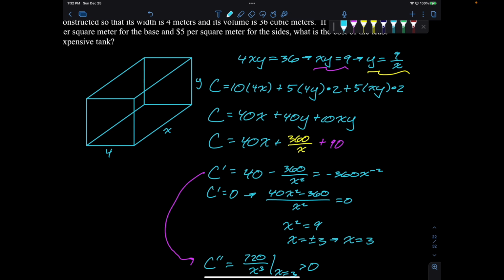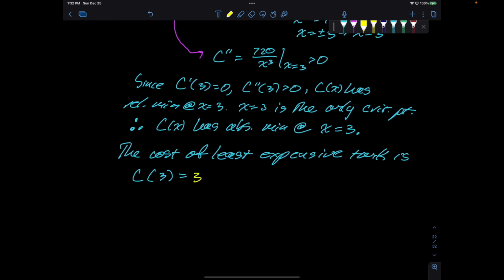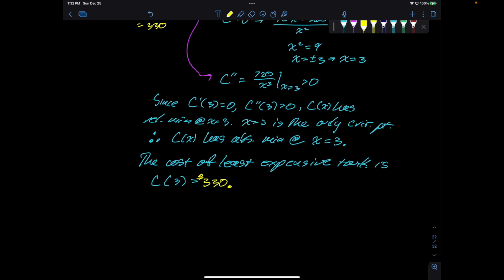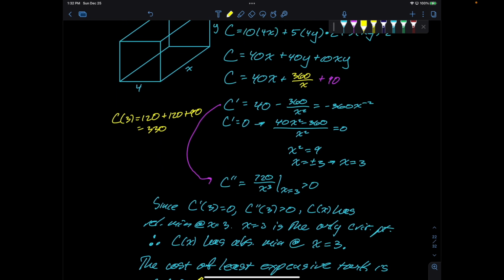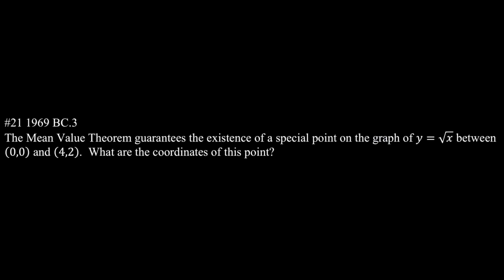So C of 3 is going to be 40 times 3, 120, plus 360 over 3, 120, and then 90. 240 plus 90, 330. I think 330 probably dollars. All right. Good one, I think. All right, that was number 20.